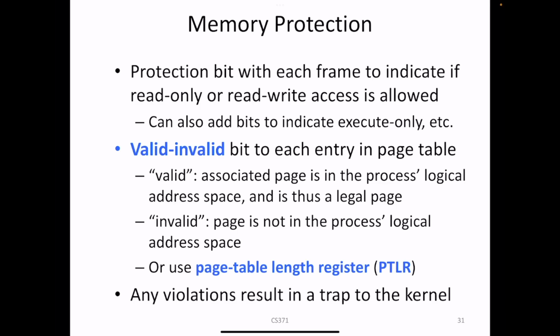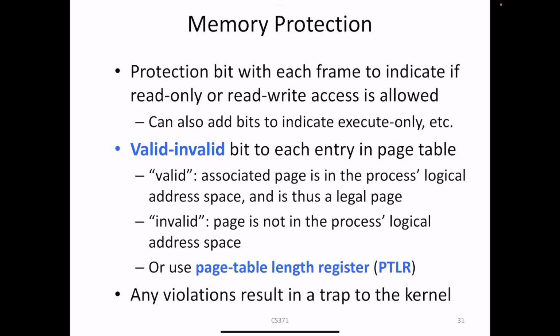In order to protect memory from malicious operations, the solution is shown here in this slide. We have a protection bit with each frame to indicate whether the frame is read-only or allows read-write access.